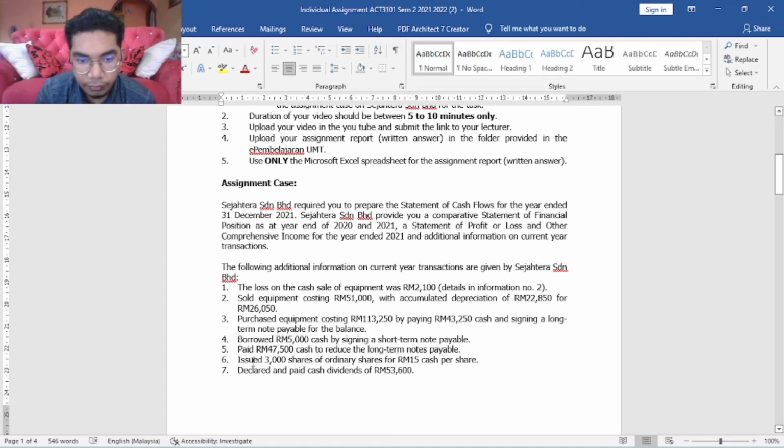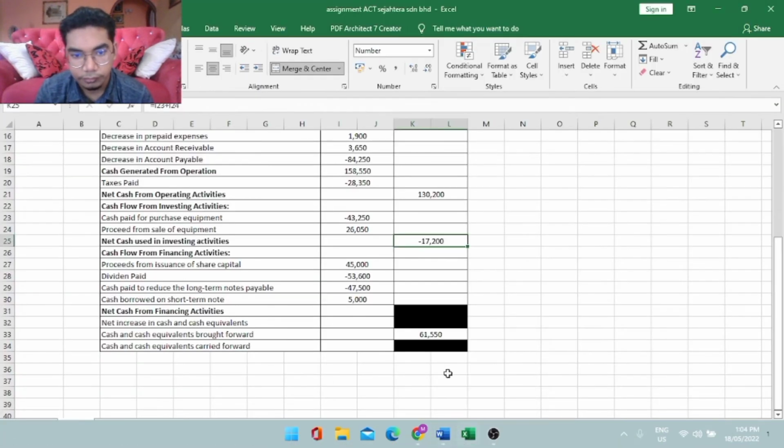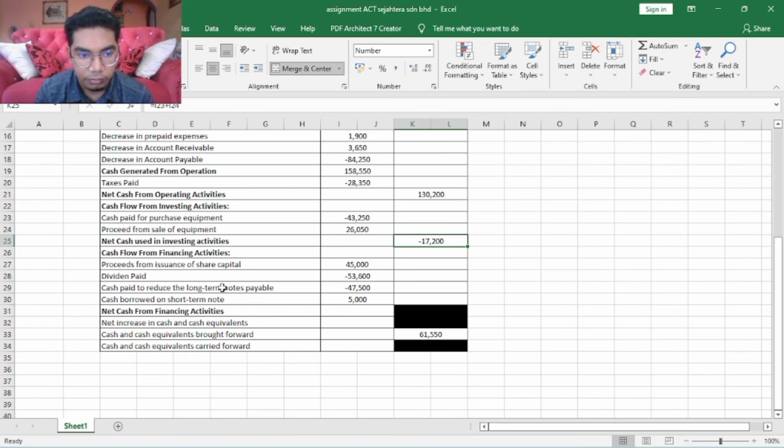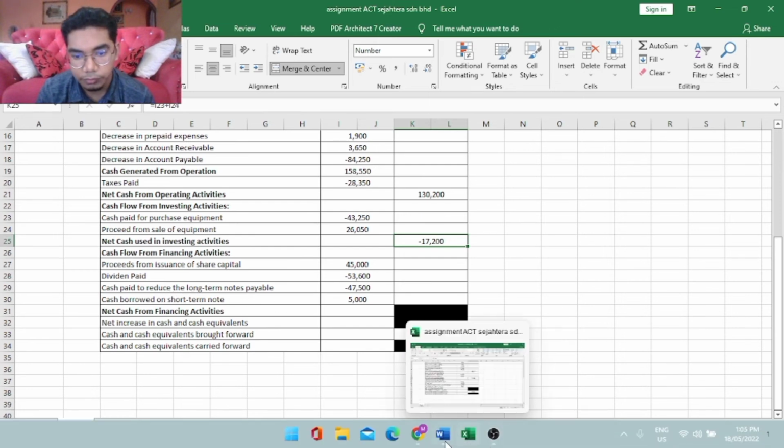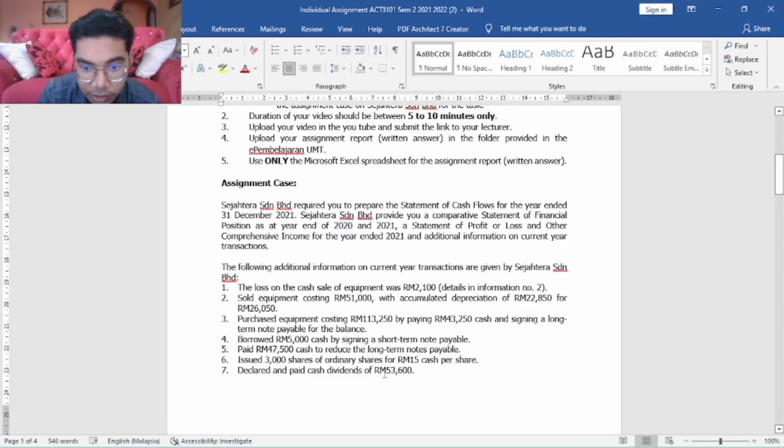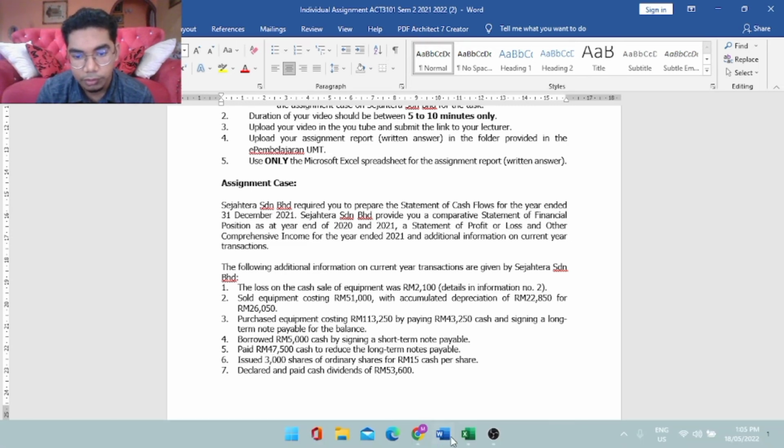For dividend paid, we get it from number 7, additional information: declare and pay cash dividend 53,600. Because we paid the dividend, the amount is negative. Same for cash paid to reduce the long-term notes payable, from additional information: notes payable, paid 47,500 cash to reduce the long-term notes payable.